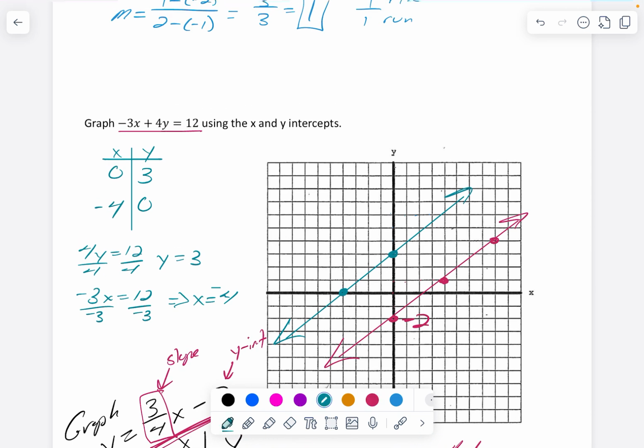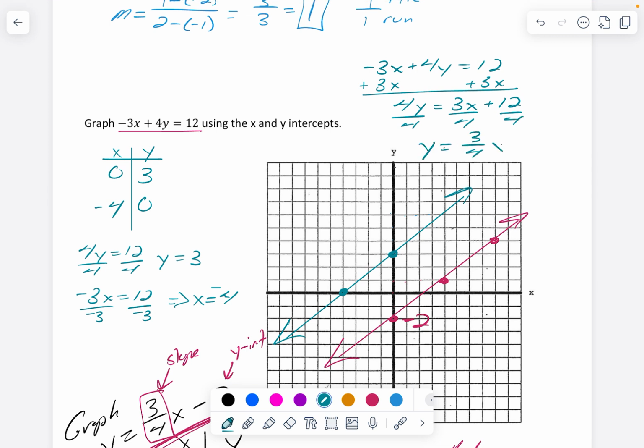I'm going to start with that negative 3x plus 4y equals 12. And I'm going to start by adding 3x to both sides because I want y by itself on one side. So 4y equals 3x plus 12, writing my x term first. And now if I divide everything by 4, I get y equals 3/4 x plus 3.